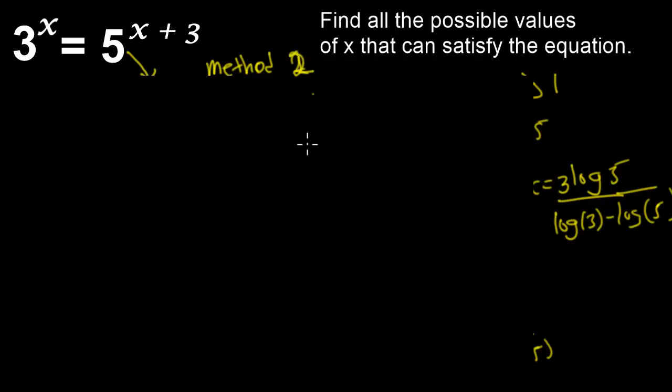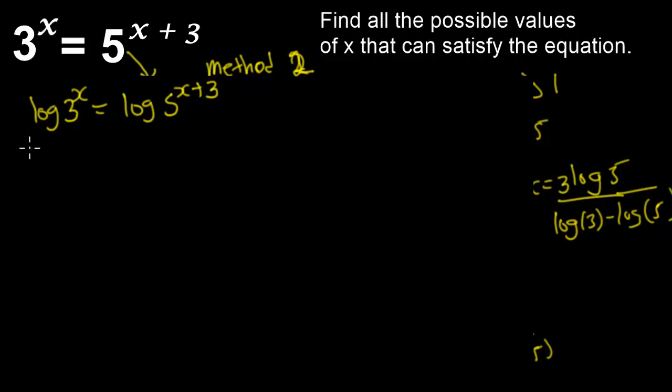So our method 2. With method 2, what we are going to do is apply logarithm of both sides. Straightforward. So let's do that. So log of 3 exponent x is equal to log of 5 exponent x plus 3. Now we can use the laws of indices to bring the exponents before the log.